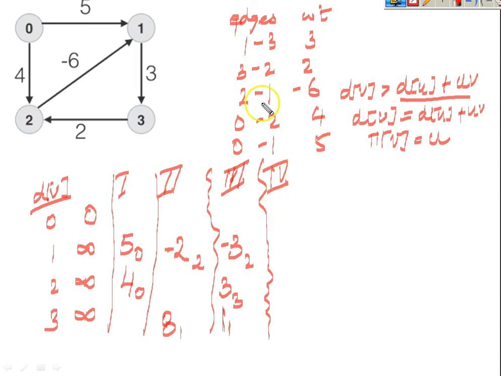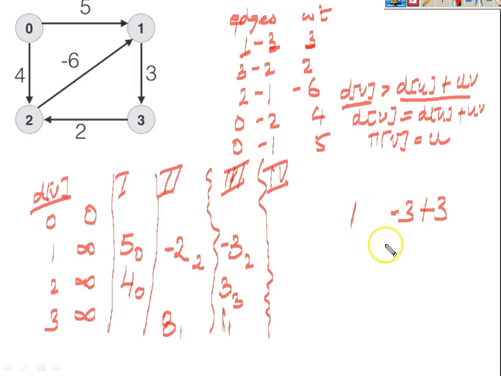Again, we start from this edge 1 to 3. I am using this 1 to 3, where this is u and this is v, and I will use this formula. So the d value of 1 is what? The d value of 1 is minus 3, and uv is 3. And on the right-hand side, this is dv, v here, so the d value of 3 is 1.